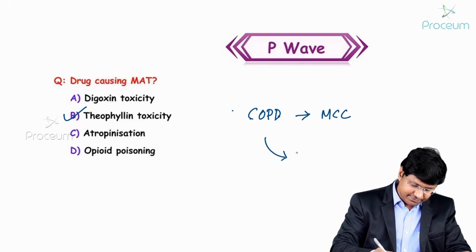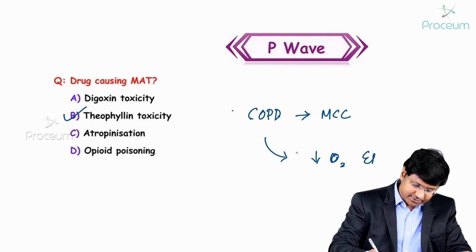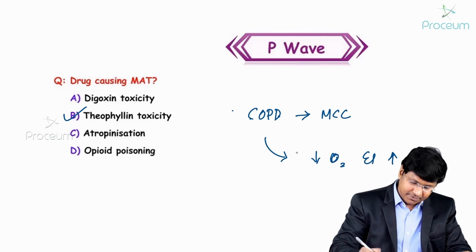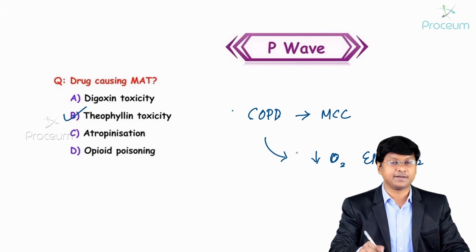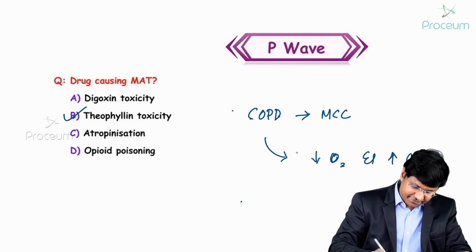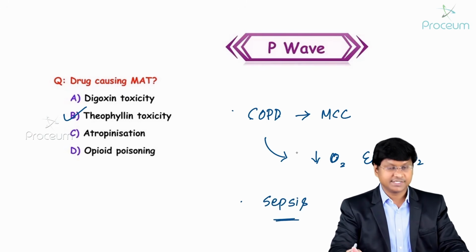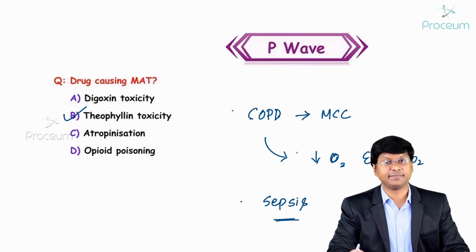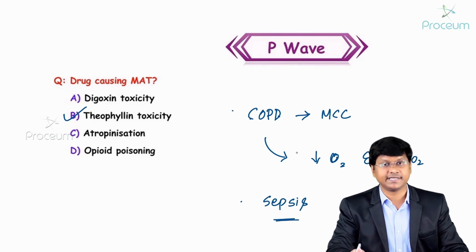And what is the mechanism? COPD will cause hypoxia as well as hypercarbia, and this hypoxia and hypercarbia is what will cause multifocal atrial tachycardia. And apart from that, sepsis is another important cause for the development of multifocal atrial tachycardia.